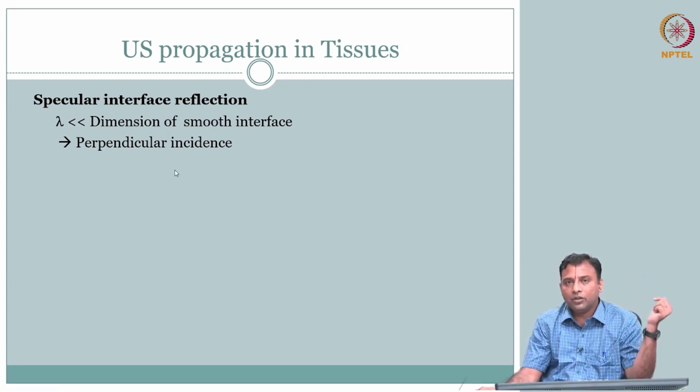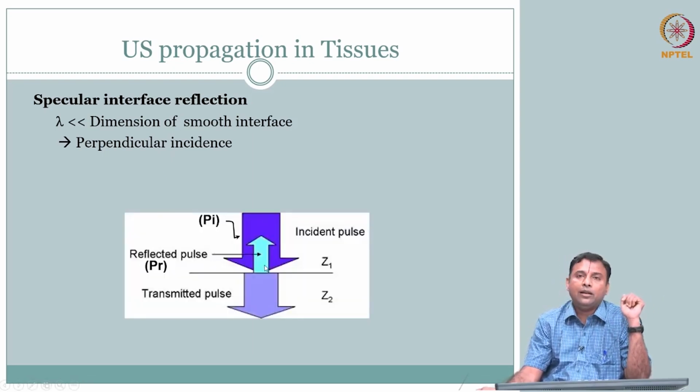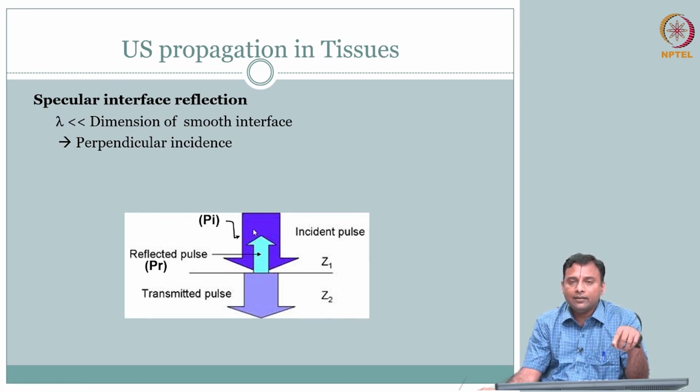So what happens if you have 90 degrees, perpendicular incidence, right? Perpendicular incidence is a simple case where you have a smooth interface, with Pi and Pr. What we had, the equation, is in terms of cos theta t, cos theta i. Here we have 0 degrees, so cos 0 will be 1.